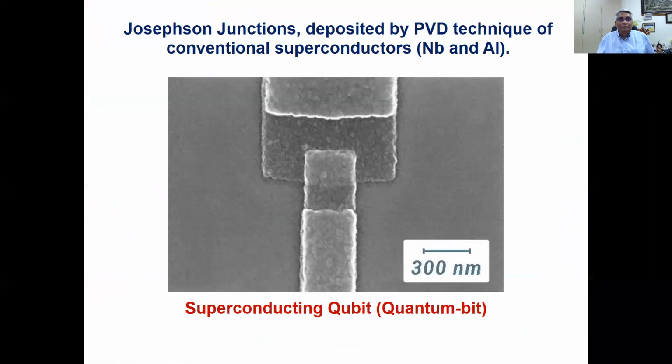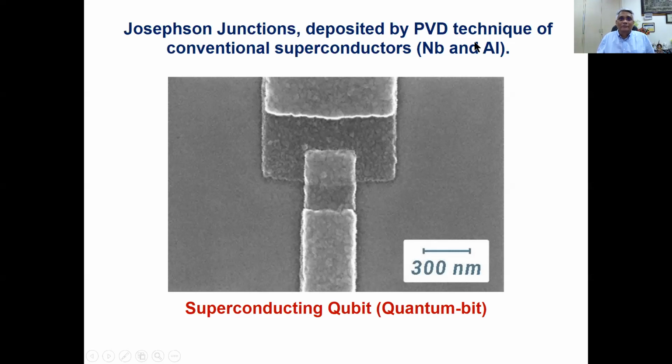And of course, just another quick example is that today you take superconductors in thin film form. This is just an example of conventional superconductors, Nb and aluminum, made in the form of thin films. There's a Josephson junction made there. Don't worry about what a Josephson junction is if you don't know.